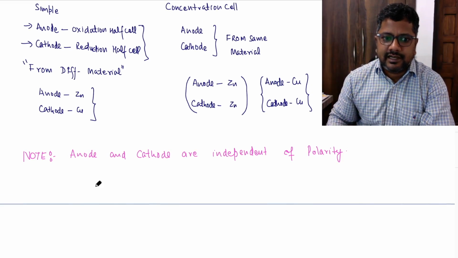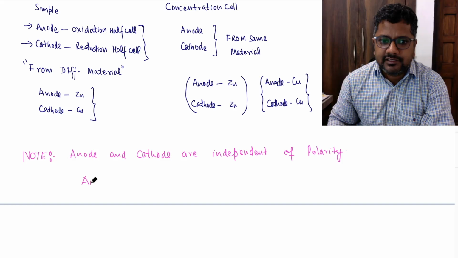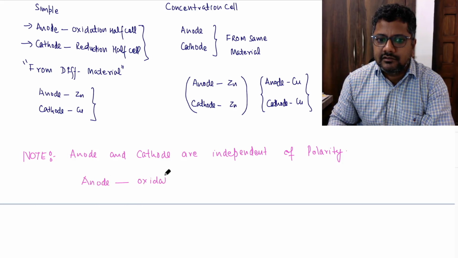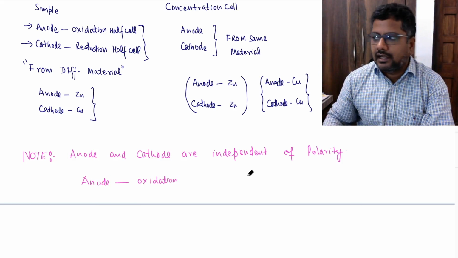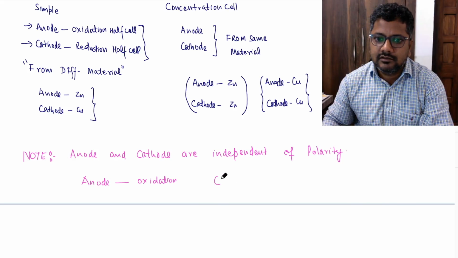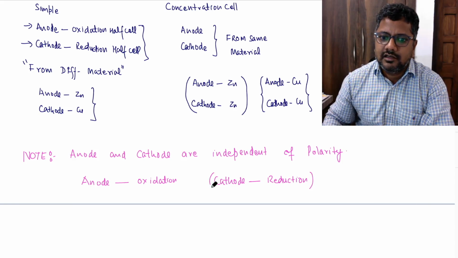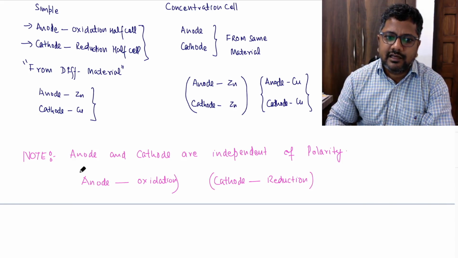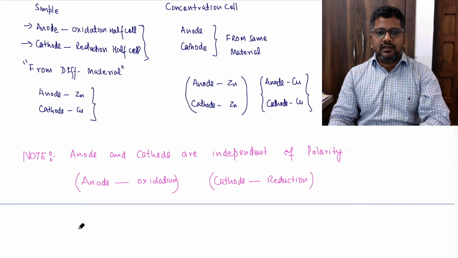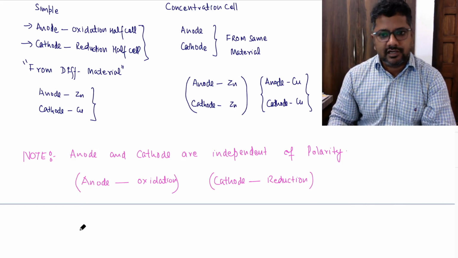Anode is characterized by oxidation irrespective of the nature of the cell, and cathode is characterized by reduction.